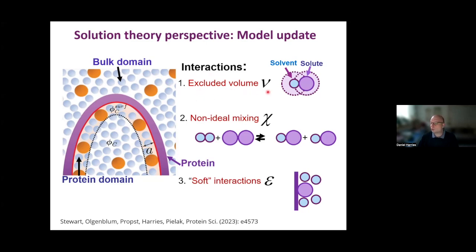First, we have the excluded volume interaction. This is basically taking over this idea of excluded volume interactions from the Asakura and Oosawa and implementing it in a solution theory kind of a perspective. And this is this excluded volume parameter.